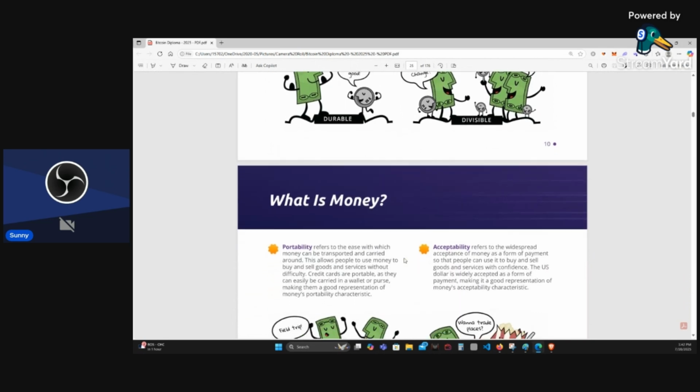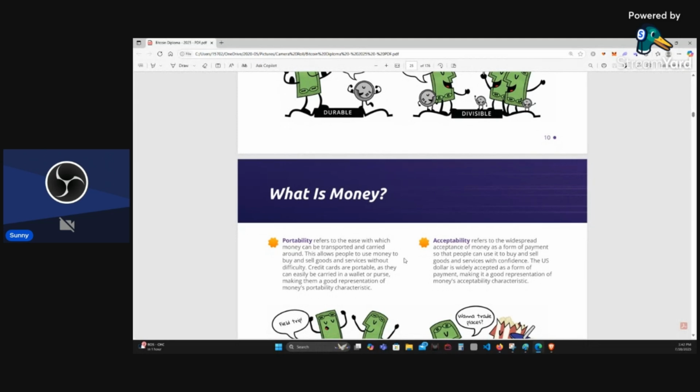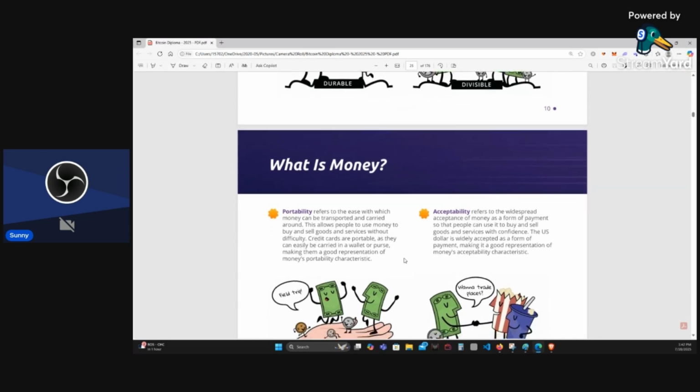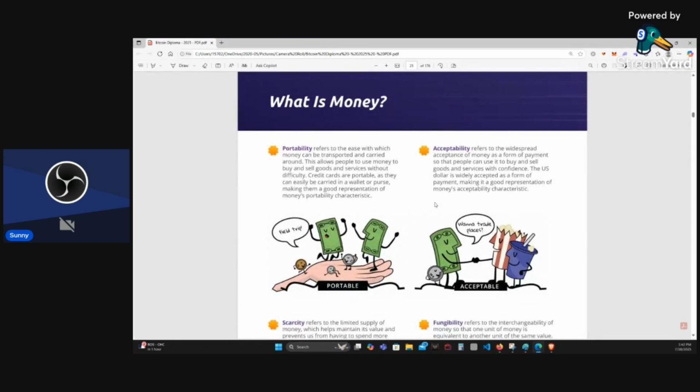Portability refers to the ease with which money can be transported and carried around. This allows people to use money to buy and sell goods and services without difficulty. Credit cards are portable as they can easily be carried in a wallet or purse, making them a good representation of money's portability characteristic.